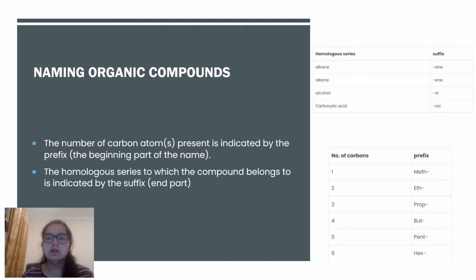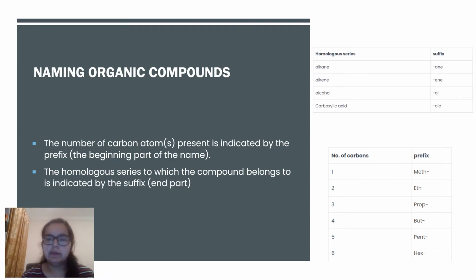Say we need to name an alkene, and the number of carbon atoms present is 4. So 4 means the prefix is but, and it's an alkene, so the suffix is ene, so butene. An alkene with 4 carbon atoms is going to be butene.